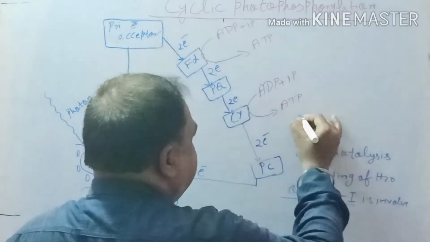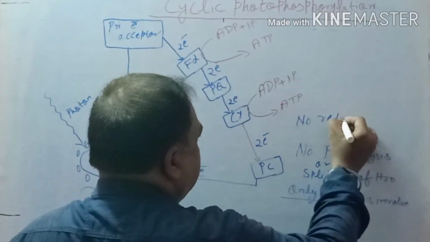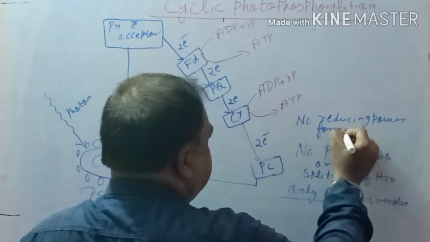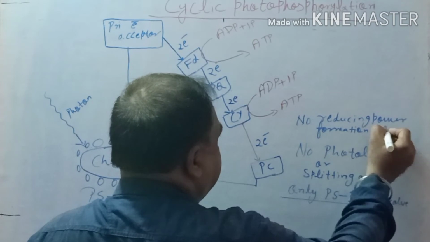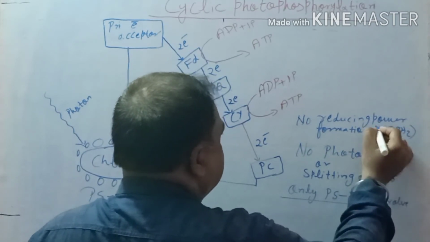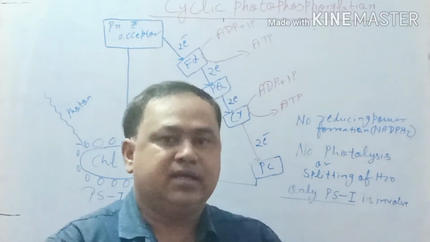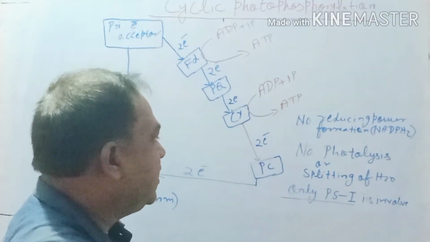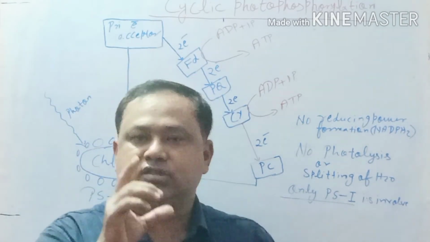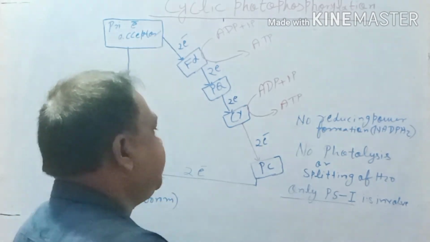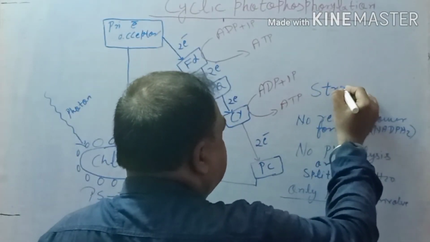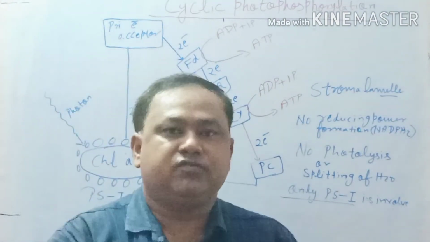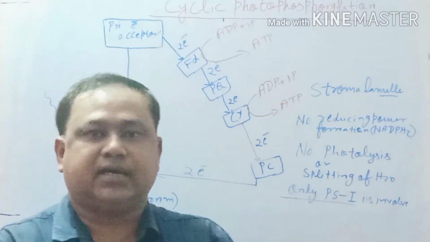Here there is no reducing power formation, that is, no NADPH2 formation takes place, there is no splitting of water, and only the single PS first is involved during cyclic photophosphorylation, and the process takes place in the stroma lamellae, while non-cyclic photophosphorylation takes place in the thylakoid membrane.